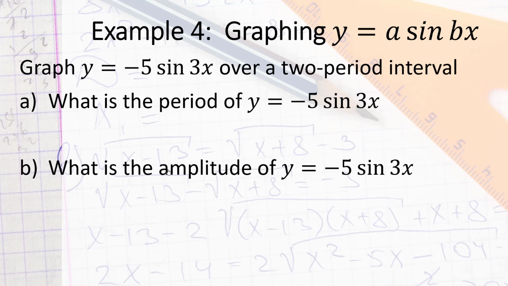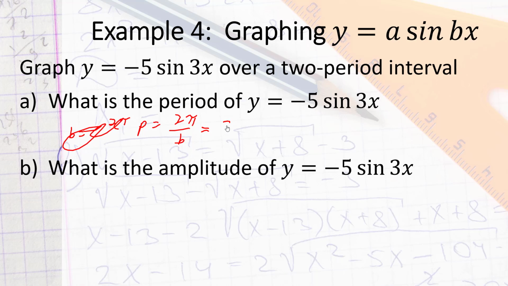This one is the graph of y is equal to negative 5 sine 3x over a 2-period interval. The first question is, what is the period of y? Well, once again, the period is equal to 2 pi divided by b. b is 3.